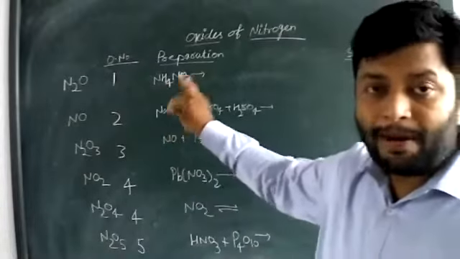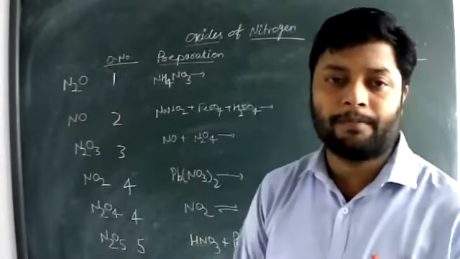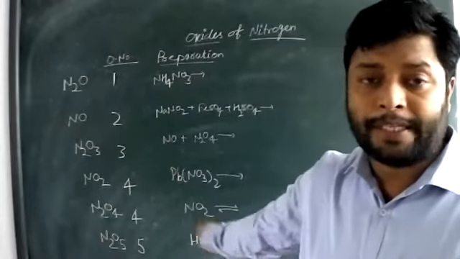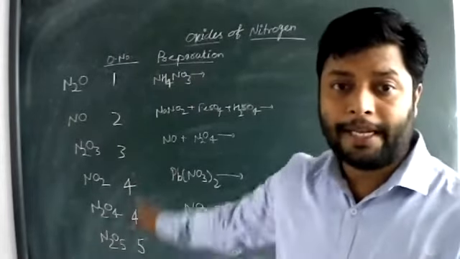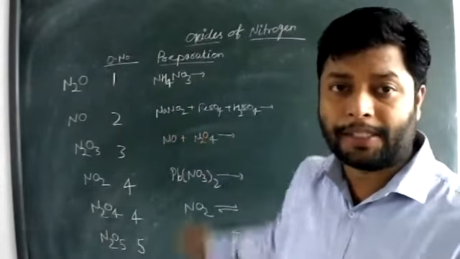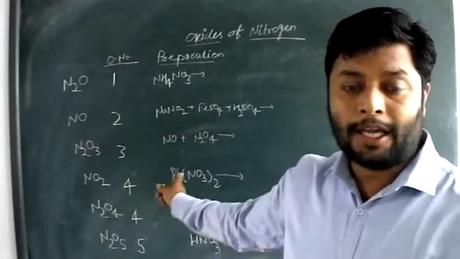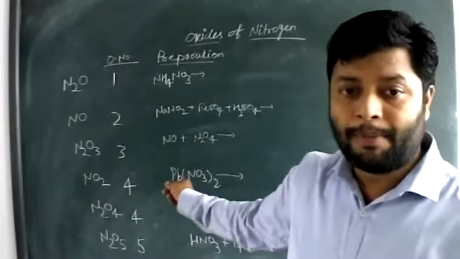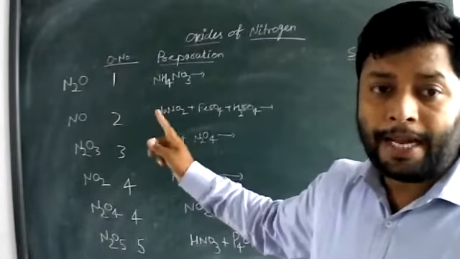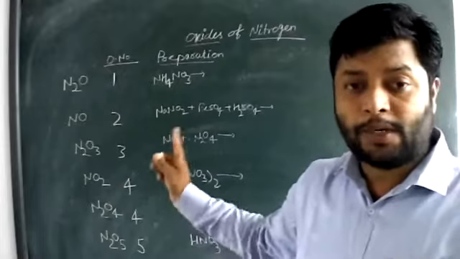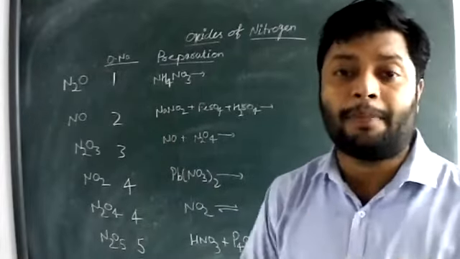There are some common methods of preparation given in the table, some of which were given at the class 10th level, like sodium nitrite reaction with ferrous sulfate and sulfuric acid, and thermal decomposition of lead nitrate. If you remember, nitric oxide preparation and nitrogen dioxide preparation were given in previous classes.